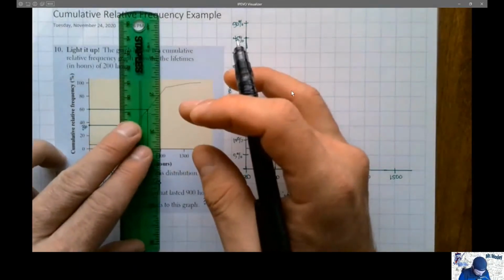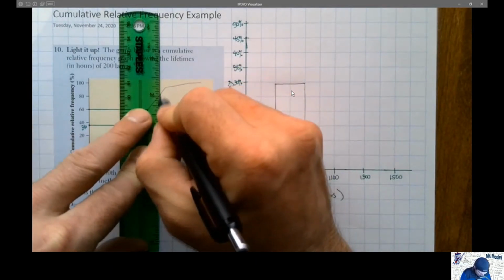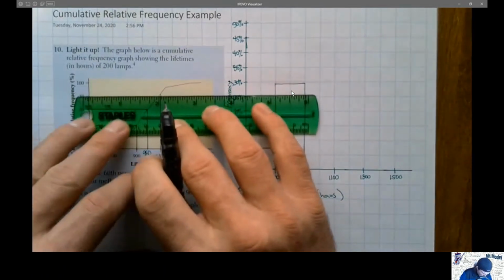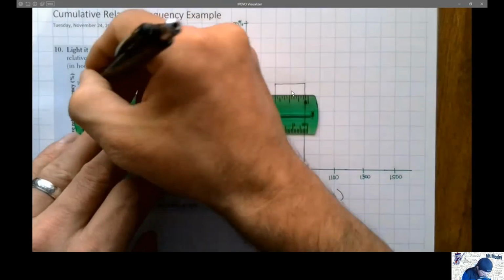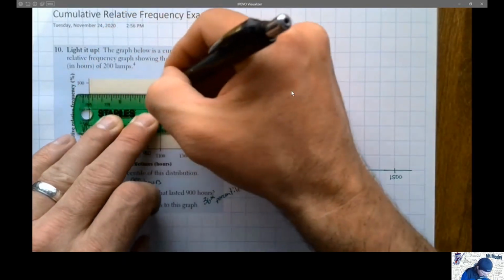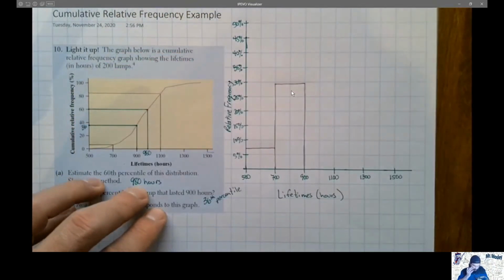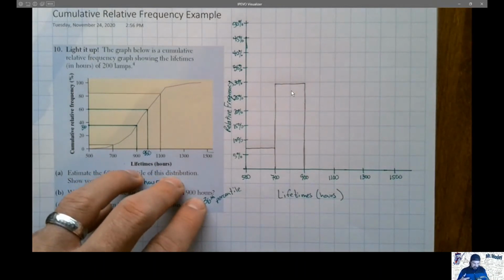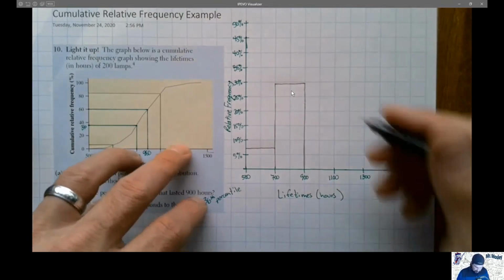We'll go back here, draw our line, and draw the other line. I'm trying to be as good as we can here. So I'm going to call that like 85. All right, so from 39% to 85%, and 40, we have 46%.